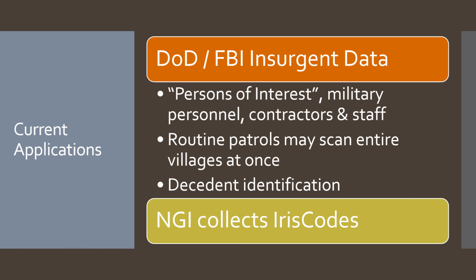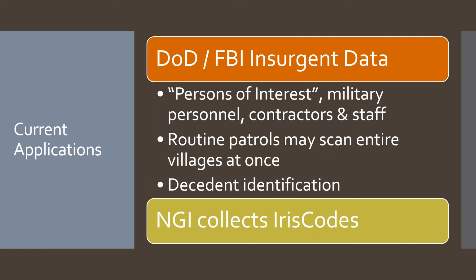They get iris scans of military personnel, of contractors, of staff on base, and they'll use that for a variety of reasons, up to and including if they suspect that there is a group of known insurgents in a given village. They can and have gone through entire villages and iris scanned as many of the people as they could to find these insurgents.